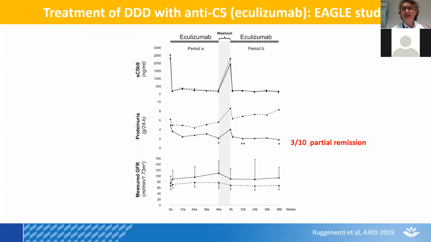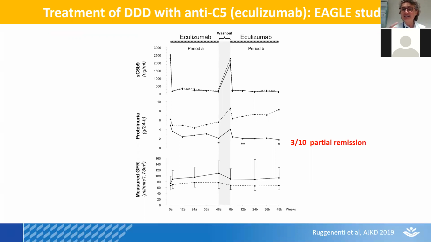So there were those initial index cases that were really amazing. And in my subsequent experience, I've given eculizumab to another 5 or 6 patients, and I've had it work really well once, but in the other cases, I have seen little to no response. And speaking with other colleagues, I think this is pretty much a common experience. So it is an agent that can be highly effective, but it not always is.